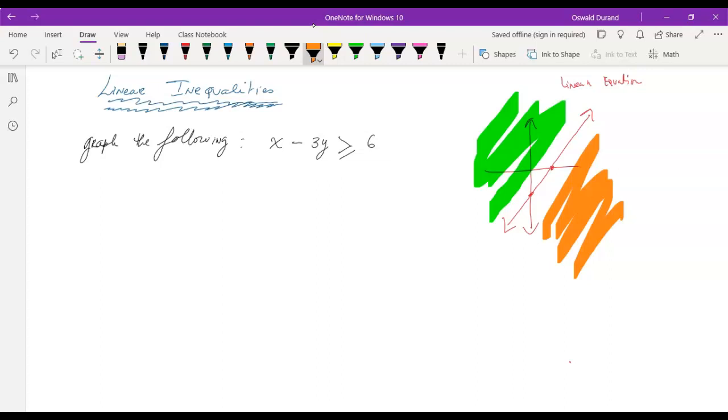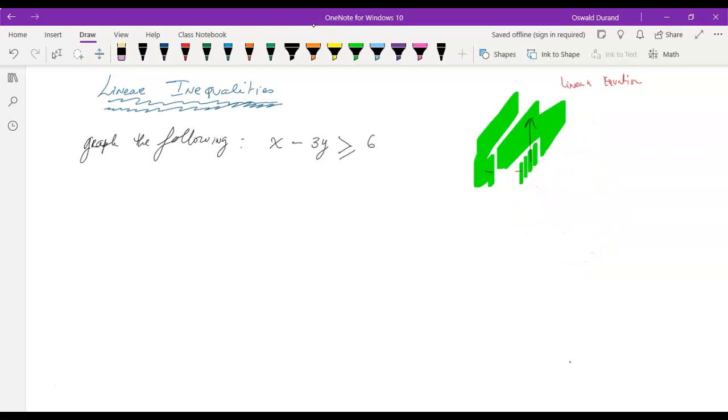There's an area where x minus 3y is greater than or equal to 6. It could be this one or it could be this one, and that's what we're going to determine. So let's get started with determining the area that's going to satisfy this linear inequality.